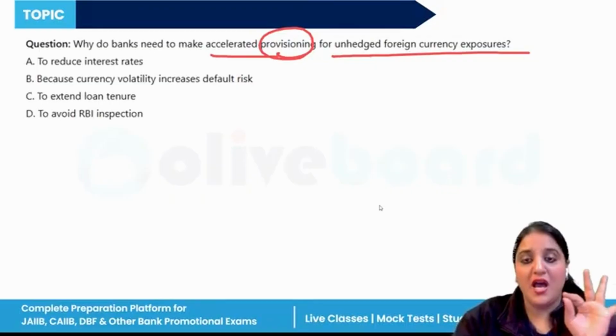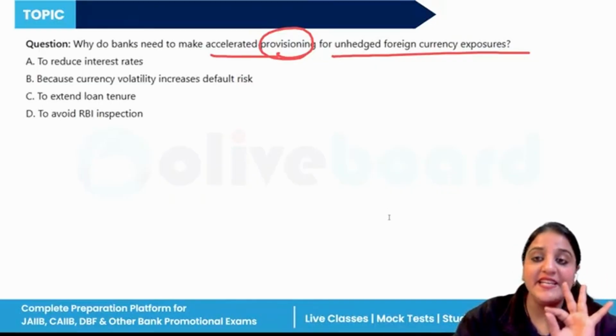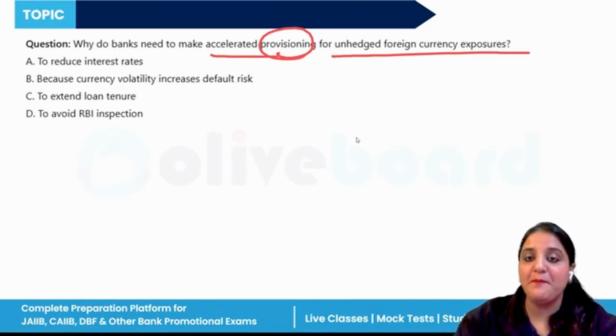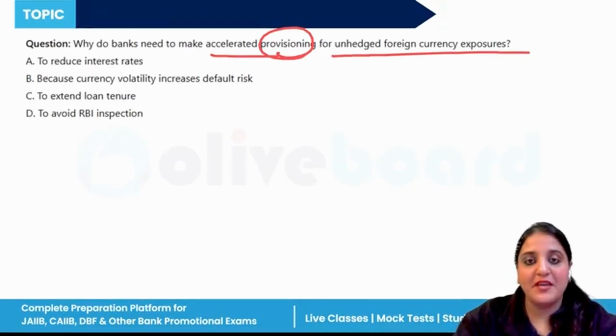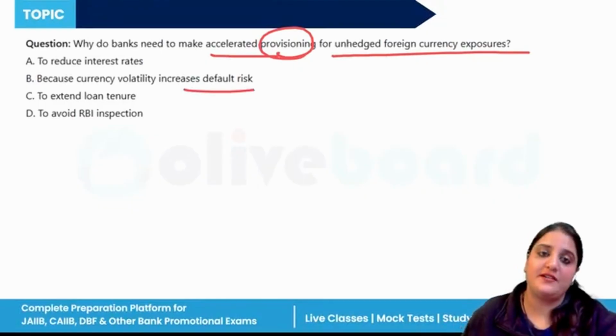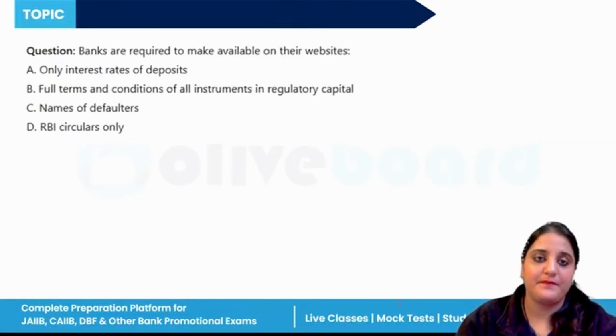Unhedged foreign currency exposures can increase the likelihood of borrower default. So banks have to keep extra provisions. So the correct answer here is option B, because currency volatility increases the default risk. So option B is correct here.